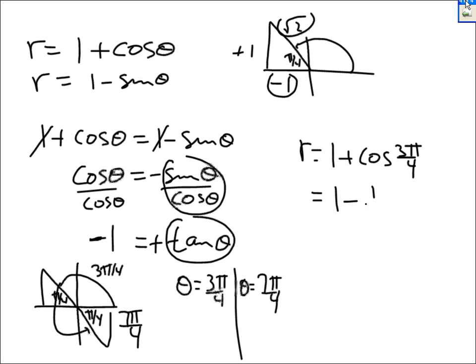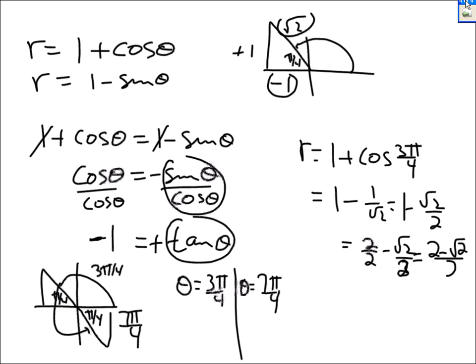Minus 1 over square root of 2, which is 1 minus square root of 2 over 2. Think of the 1 as 2 over 2. So it's 2 take away square root of 2 over the common denominator. R is 2 minus square root of 2 over 2.